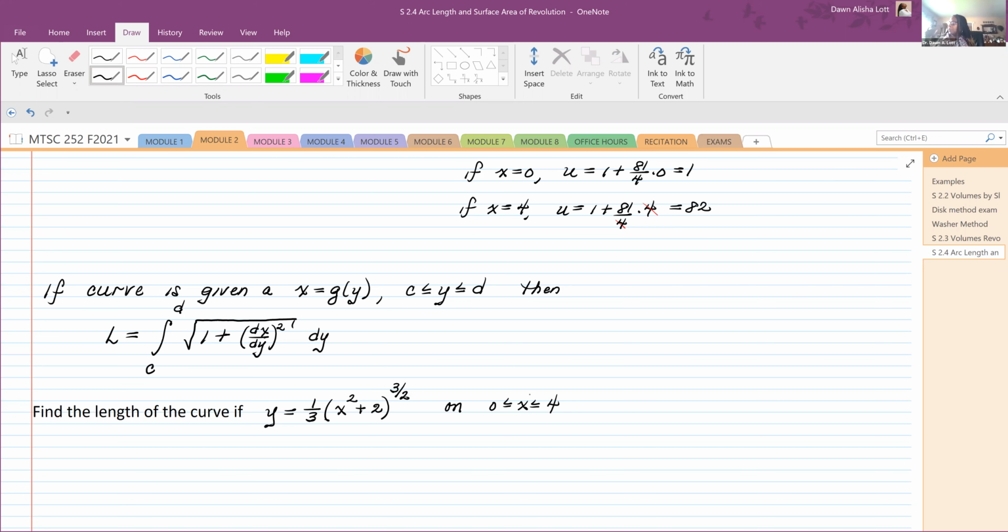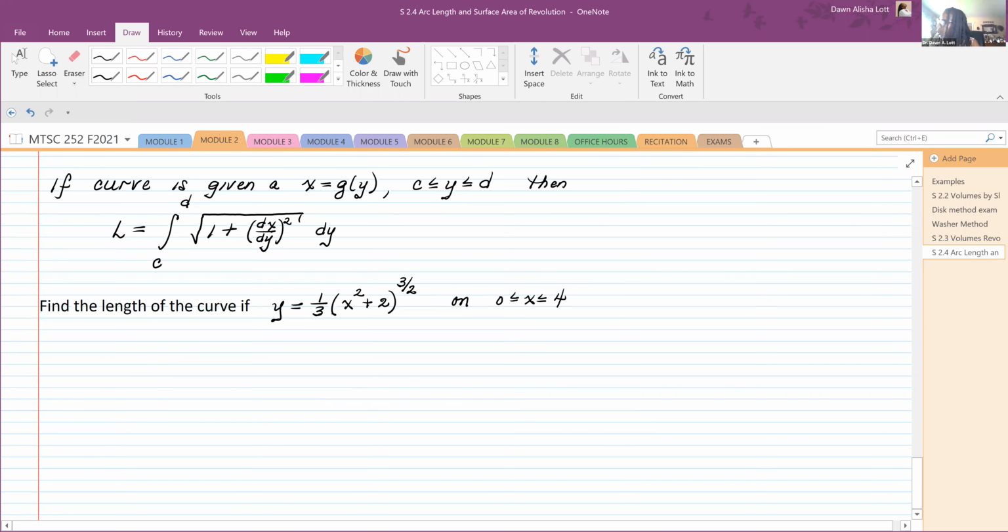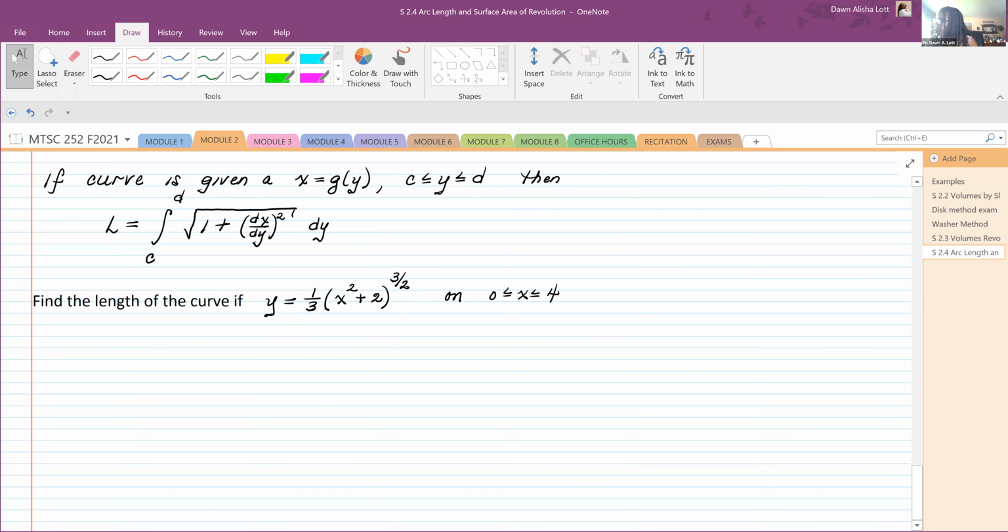So y is equal to 1/3 times x squared plus 2 to the 3/2 power. Find dy dx, please. Then square it, please.